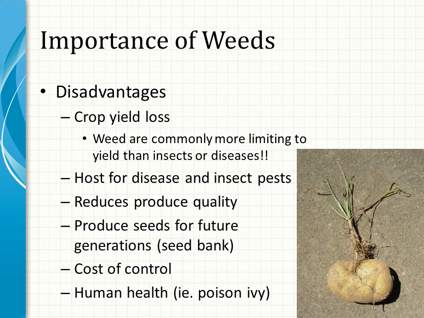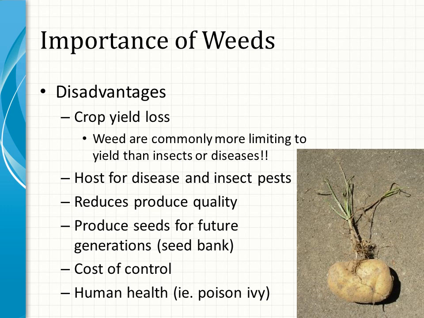They're also a host for disease and insect pests, and they reduce produce quality, such as in this picture that shows a potato tuber that has a yellow nutsedge that has rooted through the tuber, rendering it a cull. Also, weeds produce seeds for future generations of plants, and we call that the weed seed bank.